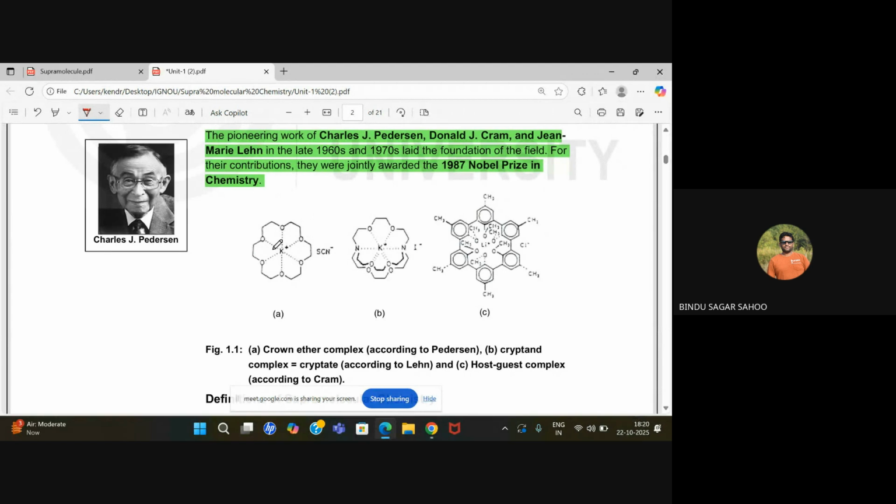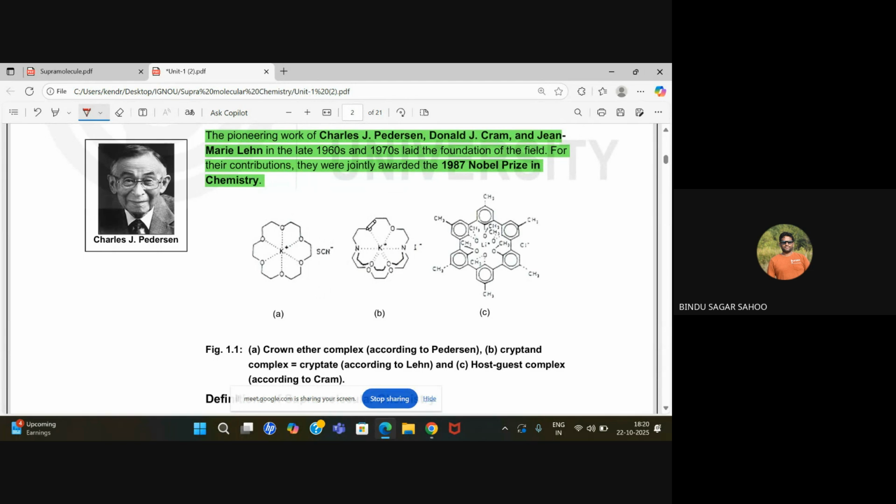So whatever the cavity size is, they can trap only a particular type of cation. But in crown ether, if the cavity size is this much, they can trap the exact size of cation, or sometimes they can also trap a bigger size of cation. So these types of macrocyclic ligands are called crown ether complex, and this crown ether complex can trap some cation in between them.